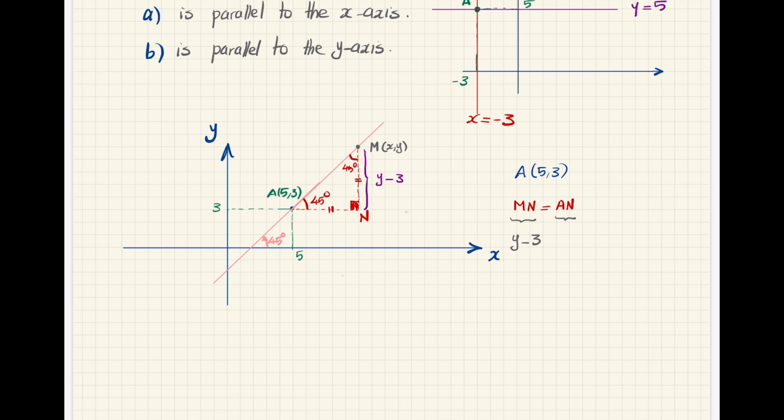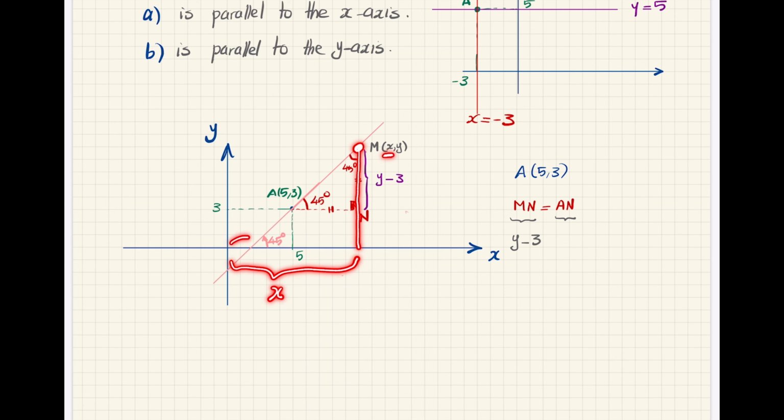But now I ask you the same question for AN. Can you write something for AN? Maybe it's x minus... X minus 5. X minus 5, yes. Why? Because if I ask you what is this length from here to here, you would say this is this point with x coordinate x, so it means that this big length is x.